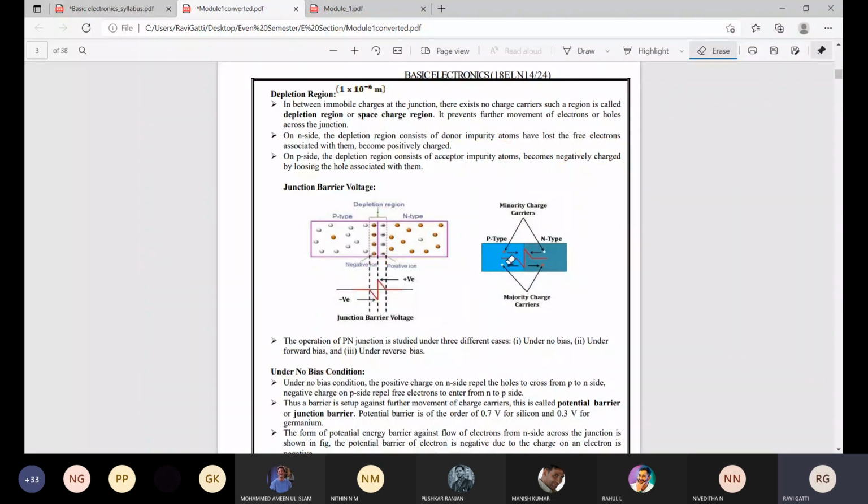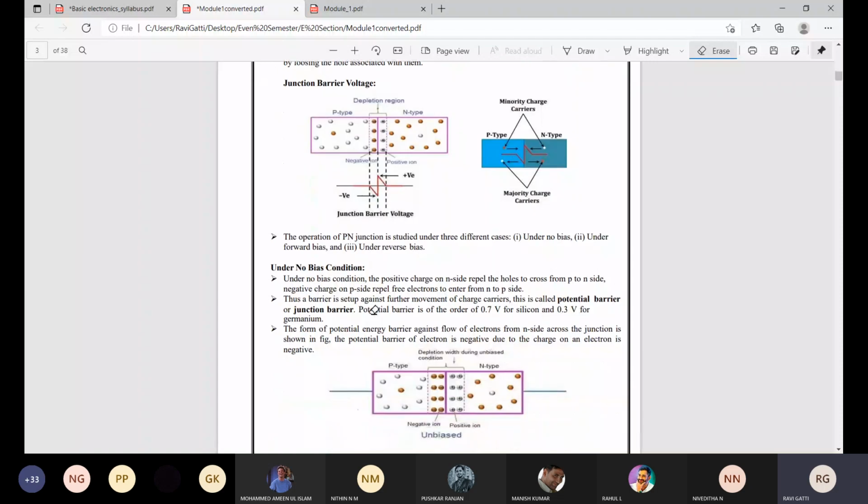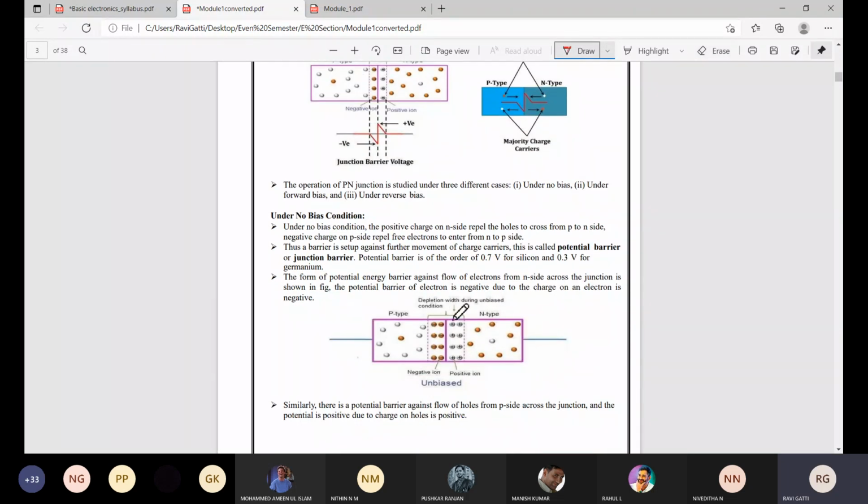If you do not apply any external voltage across this junction, then because of the bond created by this depletion region, they exhibit some barrier voltage, which will be in the order of 0.3 volts to 0.7 volts.